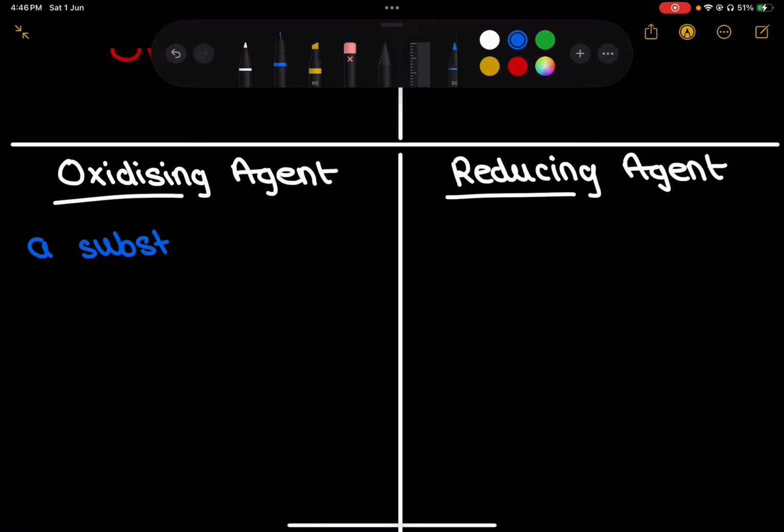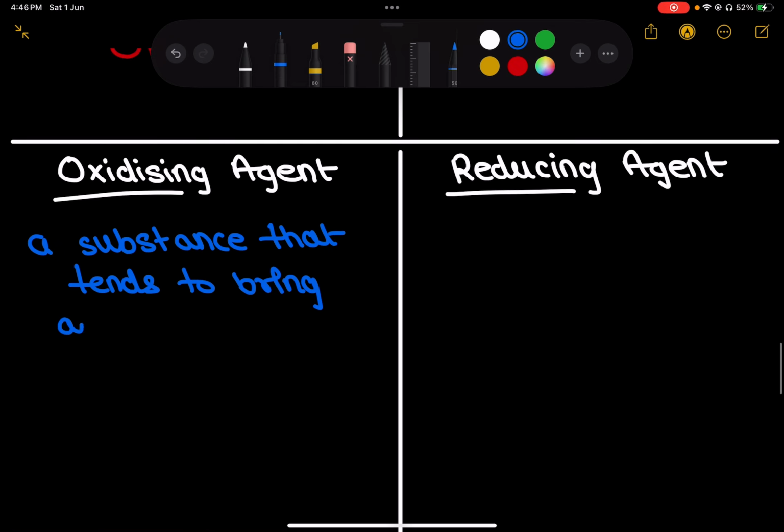A substance that tends to bring about oxidation. Oxidizing agent is an agent which brings about oxidation.